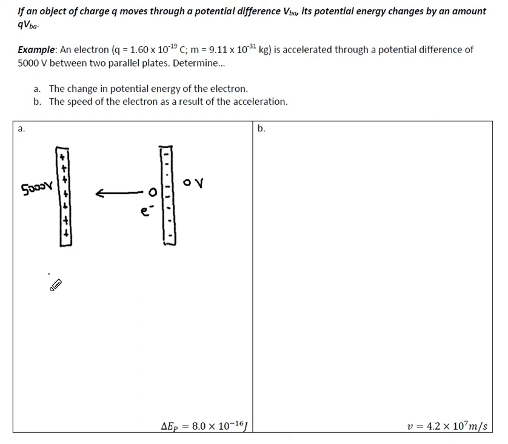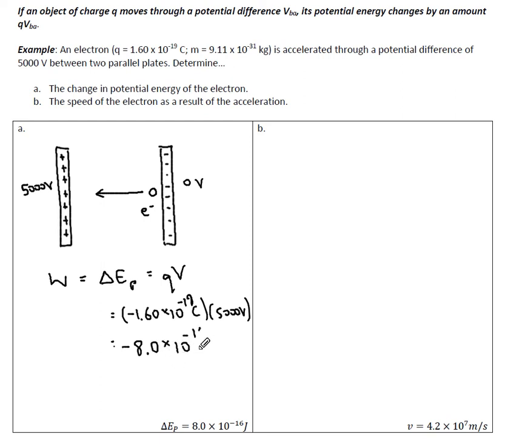Work is the change in potential energy, which is just Q multiplied by V. Our charge is negative 1.6 times 10 to the negative 19 coulombs times 5,000 volts. We get an energy of negative 8.0 times 10 to the negative 16 joules.